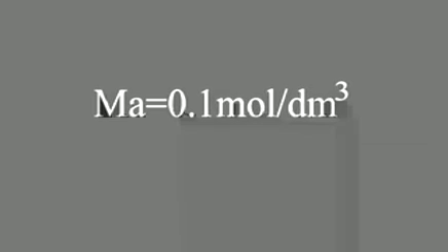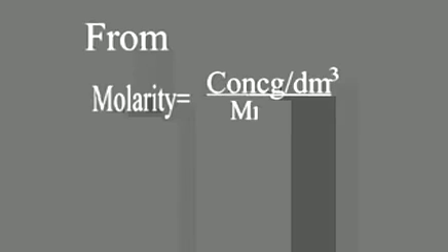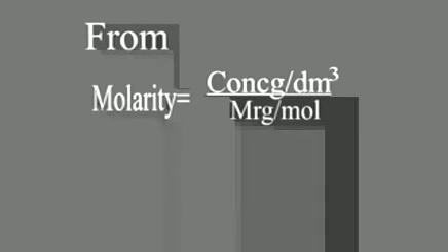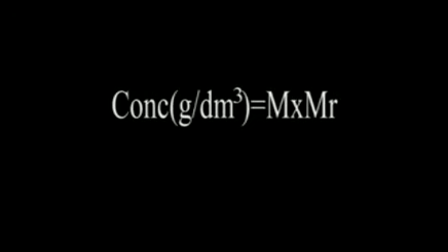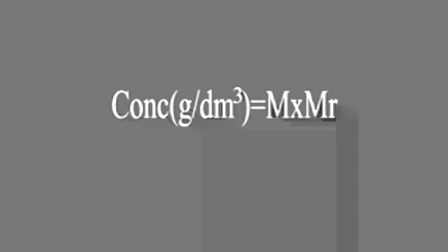From there, we are finding the concentration of hydrochloric acid in gram per dm cube. Molarity equals concentration in gram per dm cube divided by molar mass, which is in gram per mole. Then concentration in gram per dm cube equals molarity times molar mass.